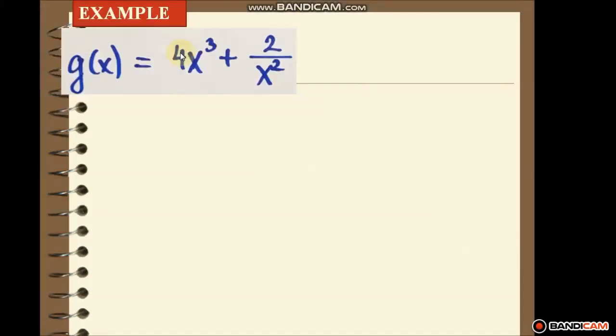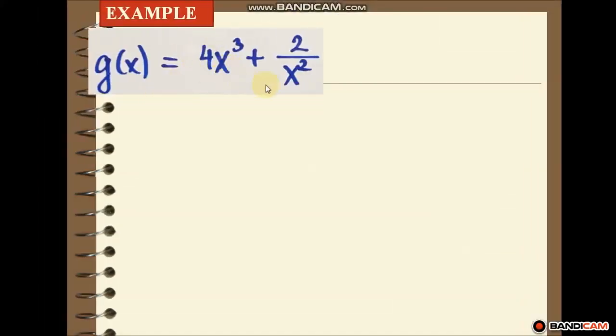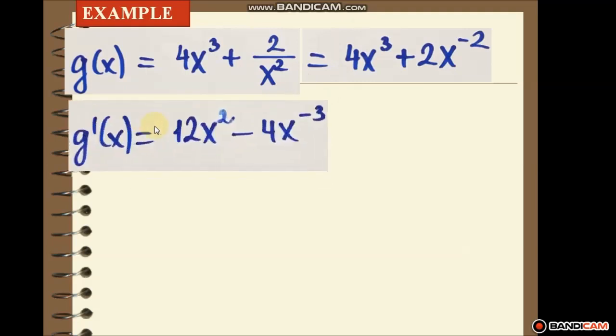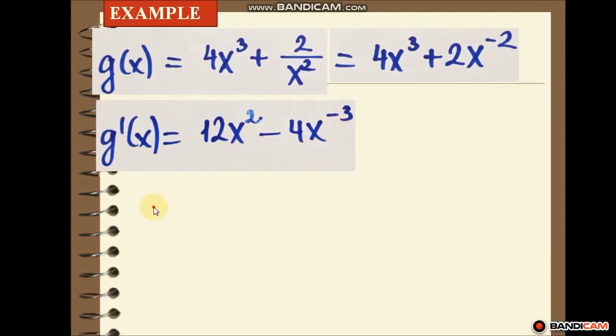And next example, g(x) is equal to 4x to the power of 3 plus 2 over x squared. This ratio also will be simplified: 4x to the power of 3 plus 2x to the power of minus 2. And get the first derivative. The first derivative will be 12x squared minus 4x to the power of minus 3. From this one, we can get the second derivative.